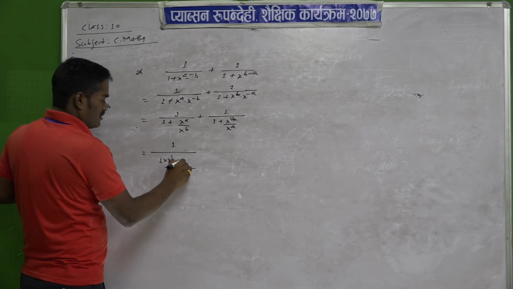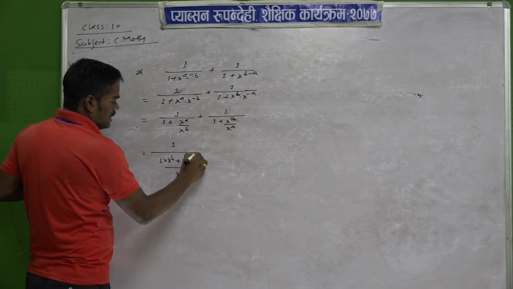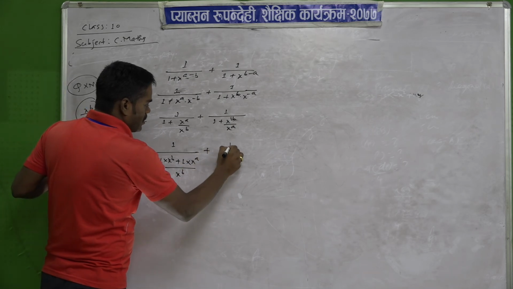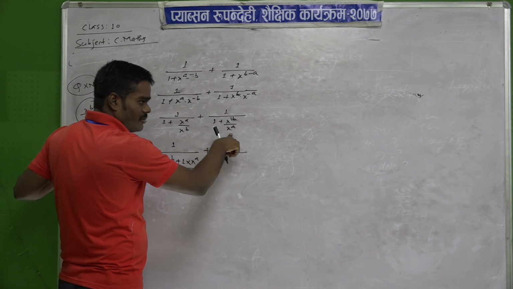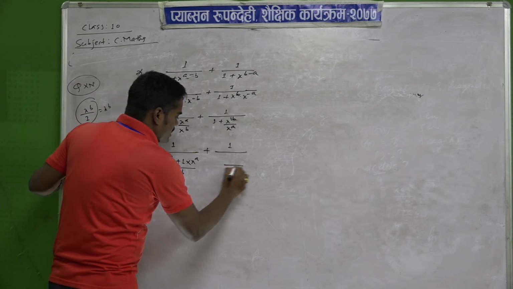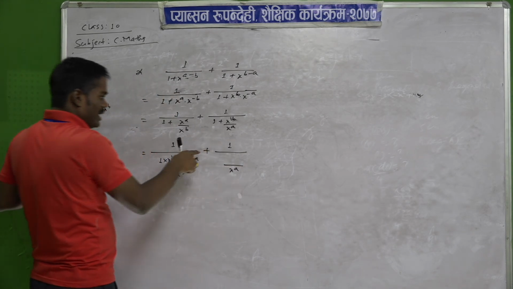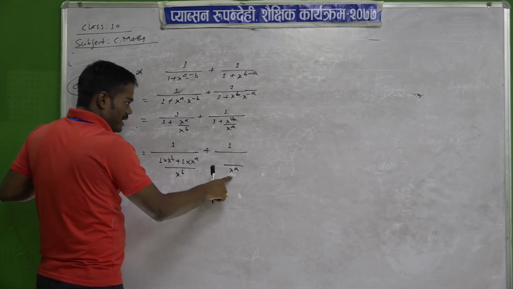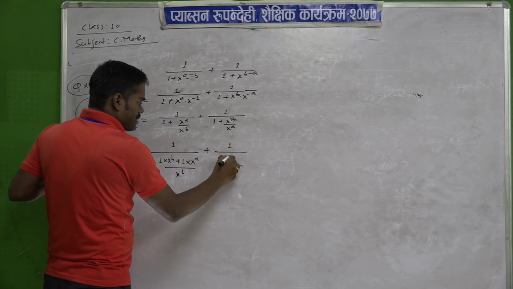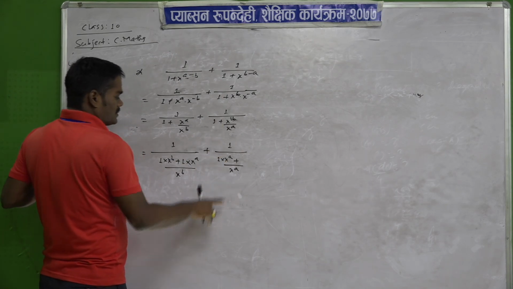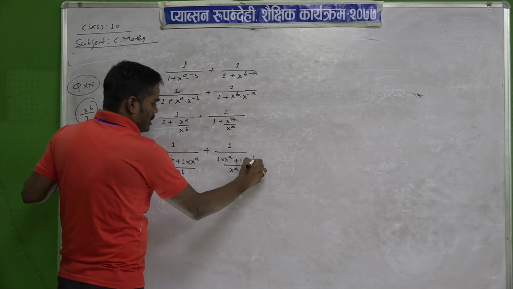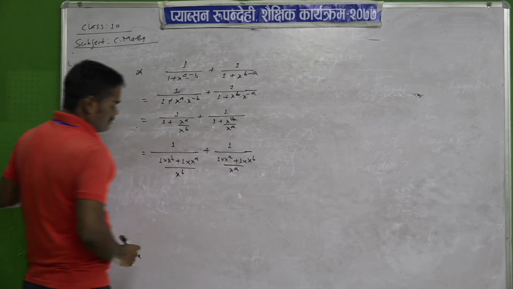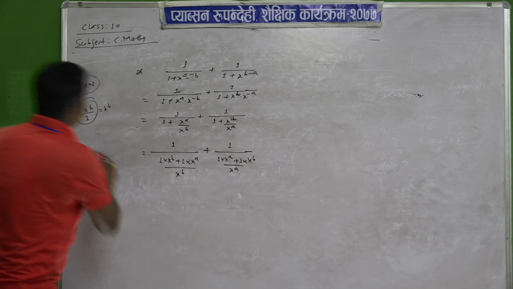What is left? 1. So 1 into x power a plus, here also you have to do like same. Here is 1 in numerator, and what is your denominator? X power a. So LCM is what? X power a. While dividing with 1, x power a is left. So 1 into x power a plus x power a divided by x power a, 1. So 1 into x power b, like this.